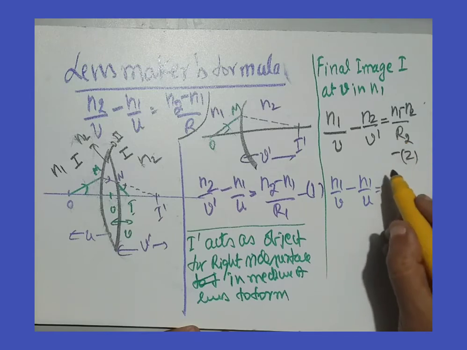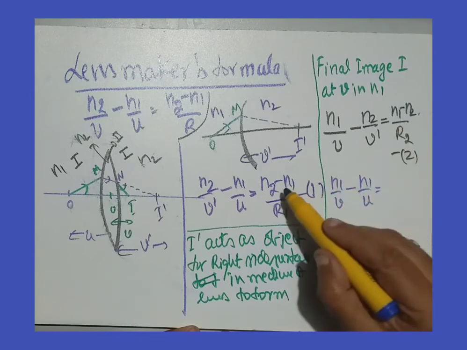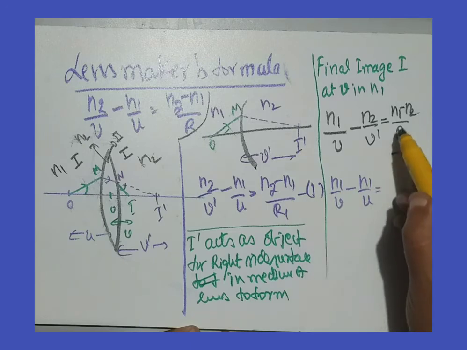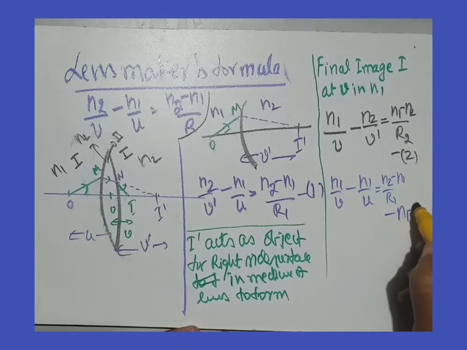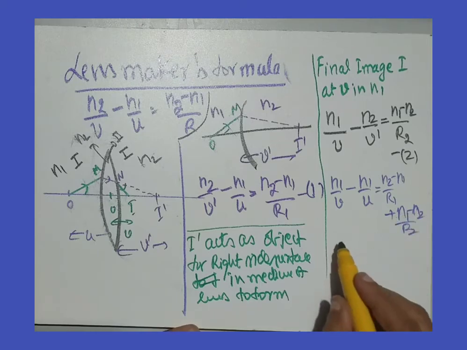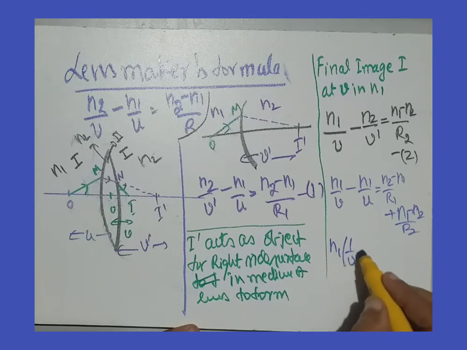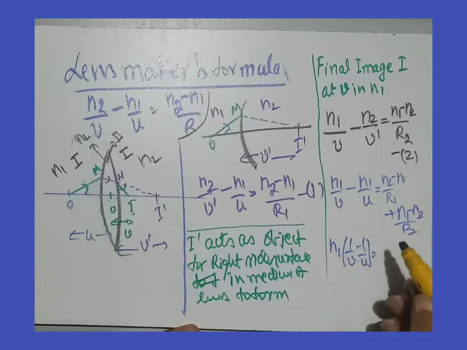On the right side we have N2 minus N1 by R1 plus N1 minus N2 by R2. Taking N2 minus N1 as a common factor, we can simply write N1 into 1 by V minus 1 by U on this side, and N2 minus N1 into 1 by R1 minus 1 by R2 on the other.